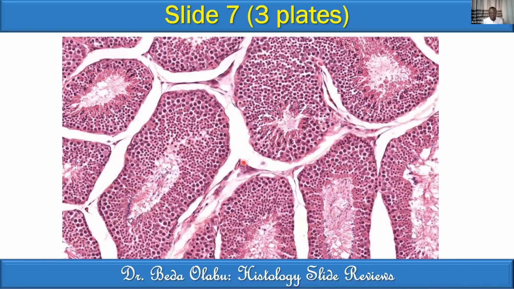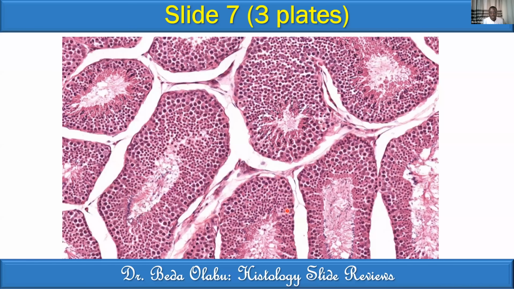So they have them. If you've forgotten, you can revisit that. But those are the ultrastructural features. Remember, in the seminiferous tubules, we have several cells. We have cells of the spermatogenic series, like spermatogonia, primary spermatocyte, secondary spermatocyte, spermatid, and spermatozoa. Those five are the cells of the spermatogenic series.